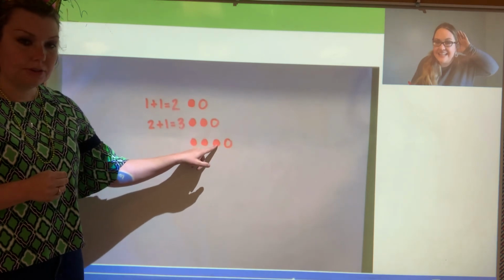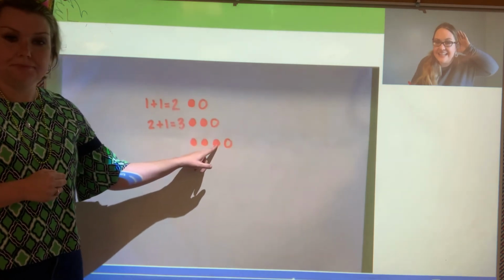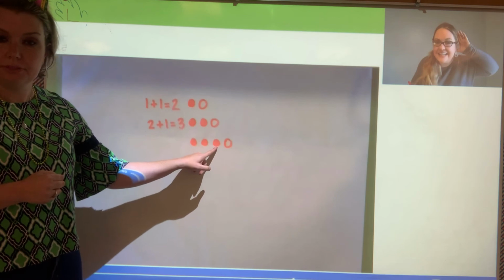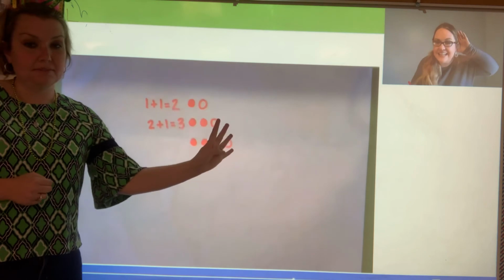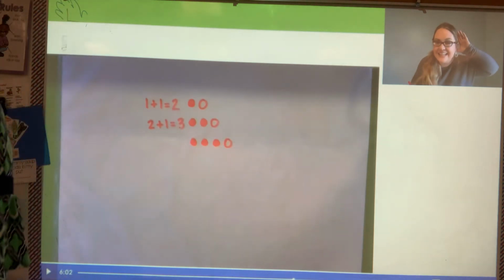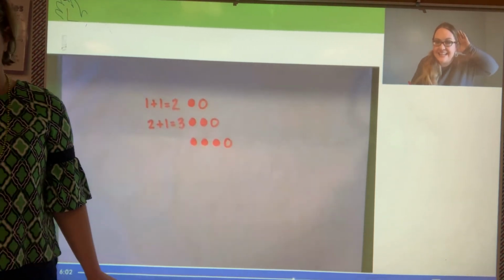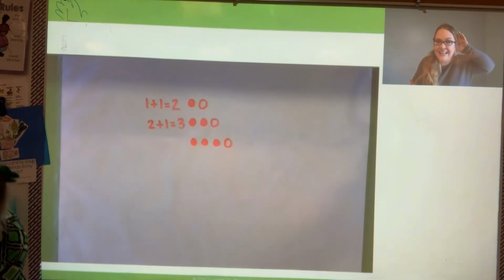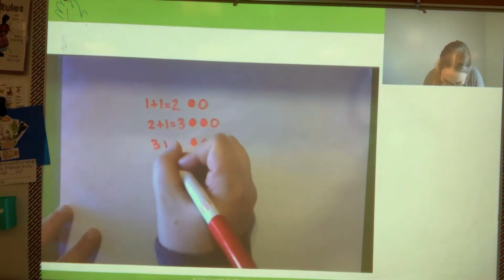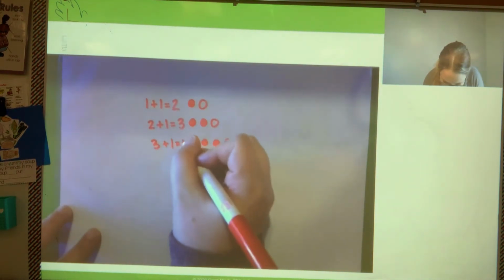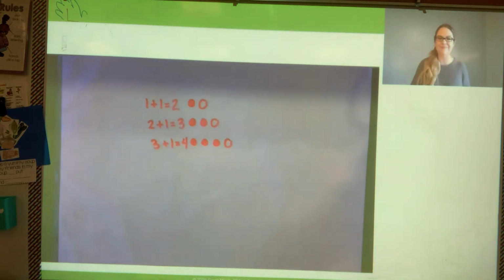How many are colored in? 3 and 1. 3 plus 1 equals 4. Very good. Let's add that. 3 plus 1 equals 4.